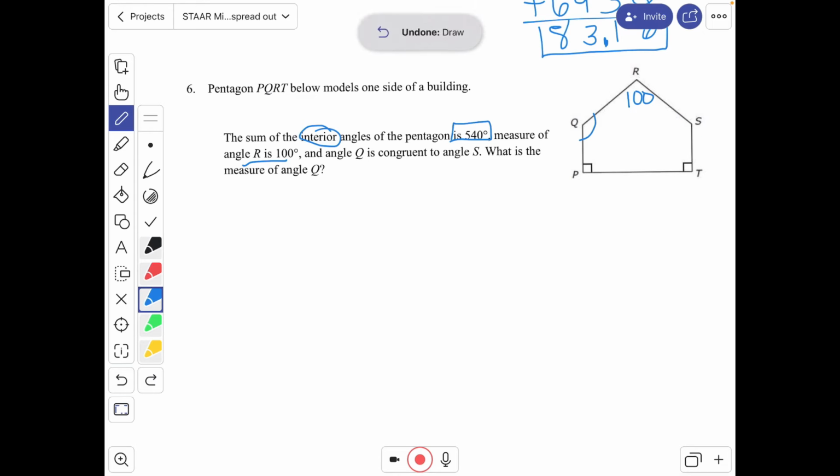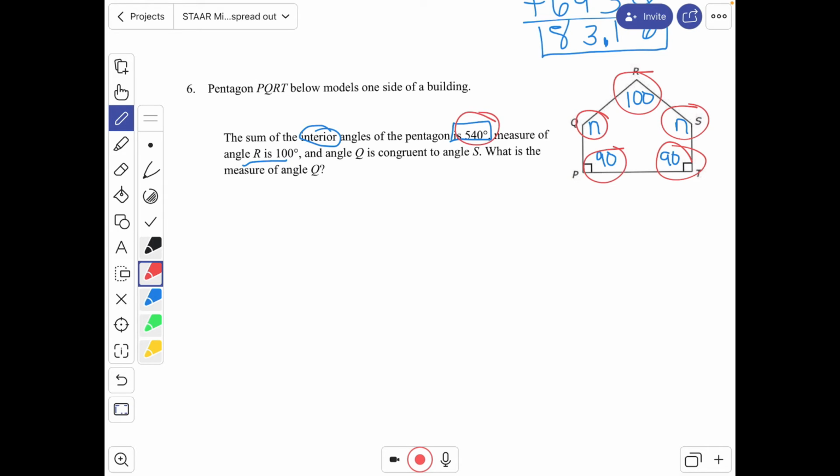So let's give them the same letter since they are the same. They could both be N. And then P and T both have a little square in the corner, and that means they are 90 degrees. So if I put all of those together, they should add up to be 540.